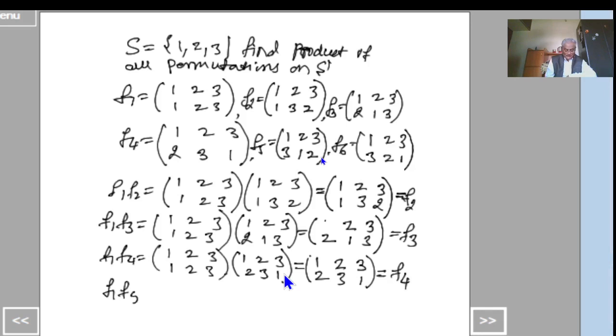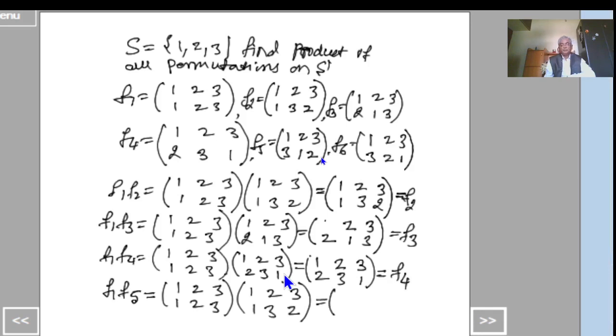And then F1, F5. F1 is 1, 2, 3, 1, 2, 3. F5 is 1, 2, 3, 1, 3, 2.